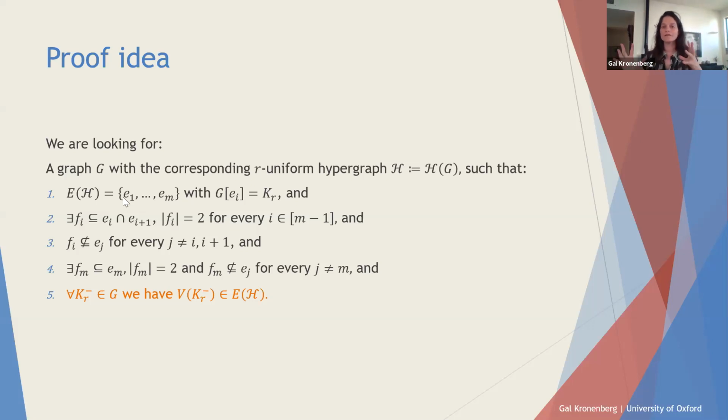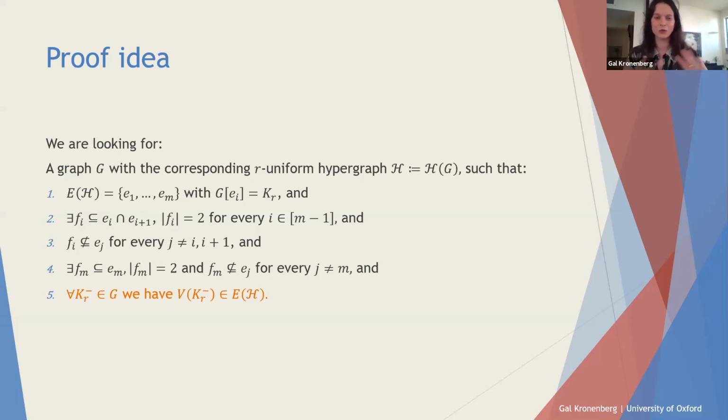So I don't have, during the process, new copies of K5 minus an edge that appear outside of these hyperedges. So I don't have suddenly some new Kr minus an edge whose vertices are somehow a combination of these edges. I want all the K5 minus one edge to be inside these hyperedges.